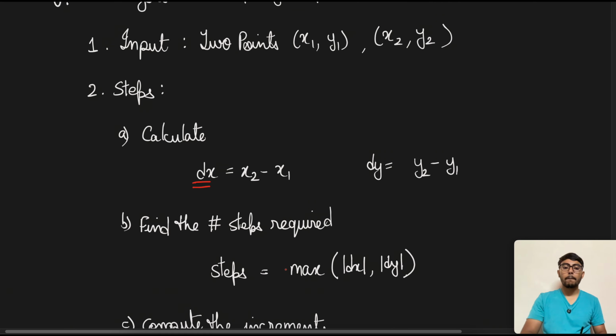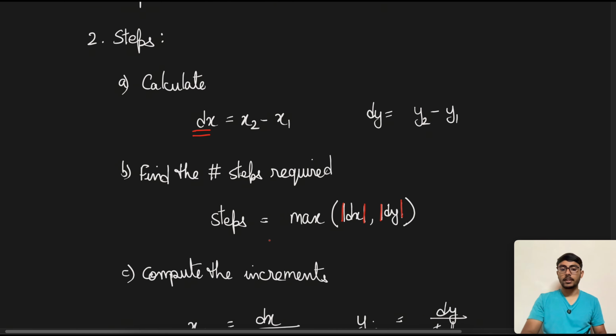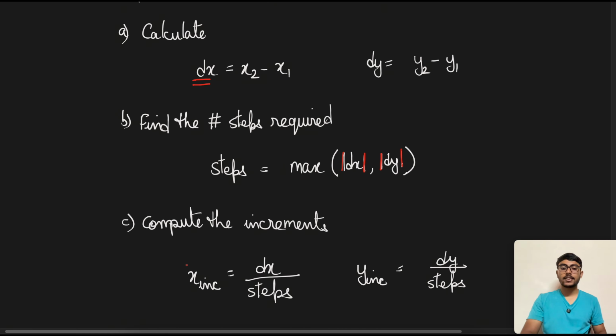So it is the max of the modulus, which is the absolute value, of dx and dy, right. Both of them we take the absolute value and then check the maximum out of it. Then we compute the increments. So the x increment would be dx upon steps, and the y increment would be dy upon steps.